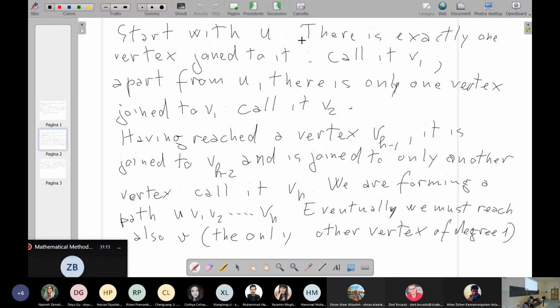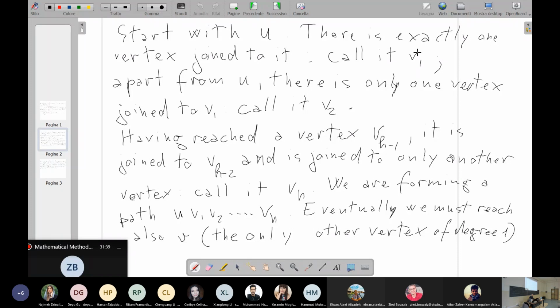This is what I do. I start with one of the two of degree 1. Say I start with u, and I build a path starting from u, which will end with v, and will leave no vertex out of this path. Let's see how. We start with u. U has degree 1, so there is only one vertex joined to it. Call it v1.